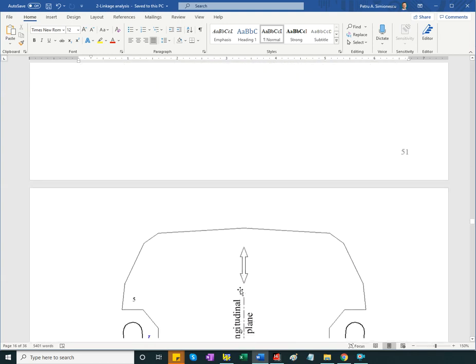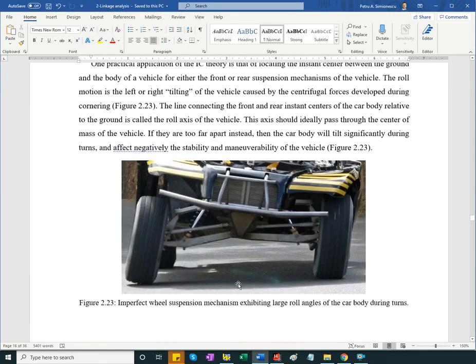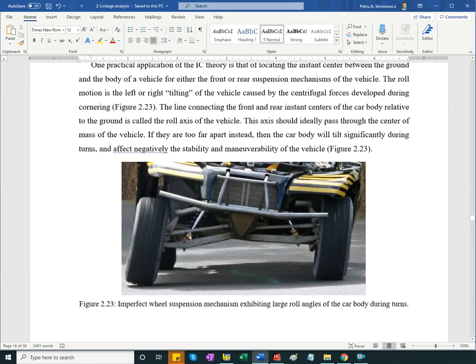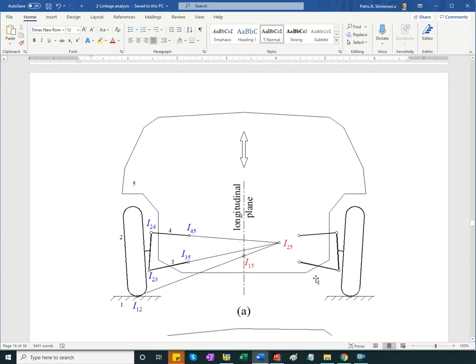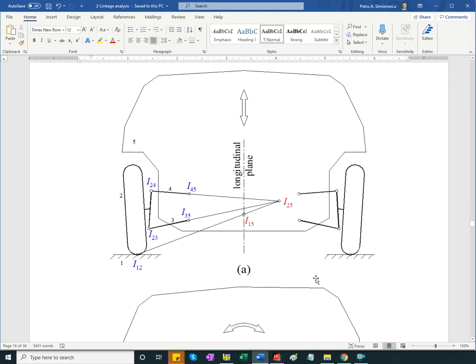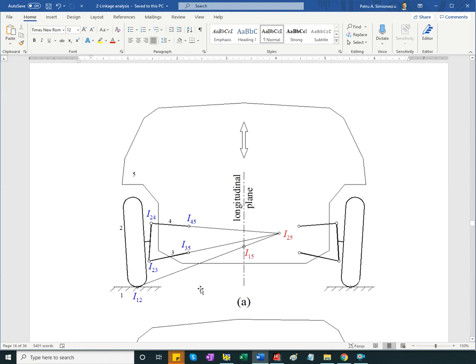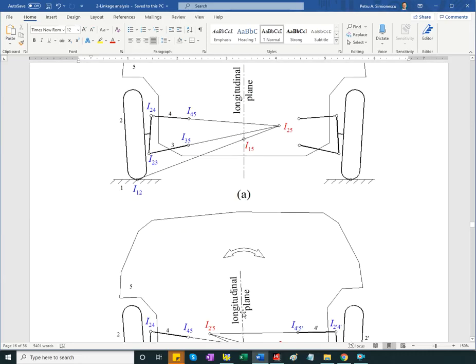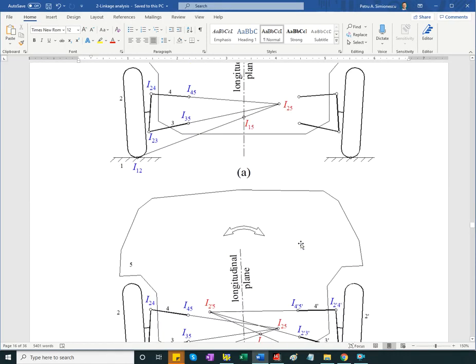And also, in a reference position where we have mirror symmetry of the body, the instant center that we're after is the one between the car body and the ground. And we can do the analysis for both front and rear axle.